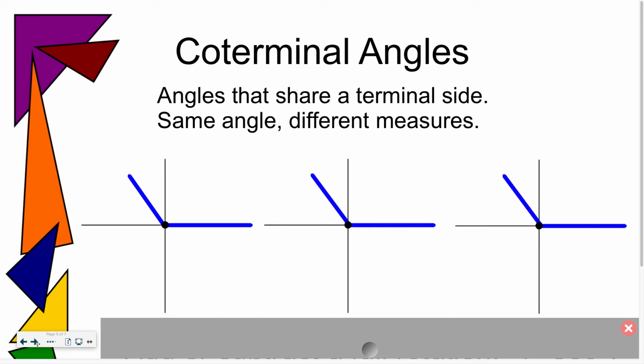So coterminal angles are angles that share a terminal side, meaning they have the same terminal side and everybody has the same initial side, so they're really the same angle, but they have different measures. And I drew 3, copy and pasted, 3 images that look exactly the same. I'm just going to show how we could have coterminal angles. Maybe this angle is that 120 degrees, right?